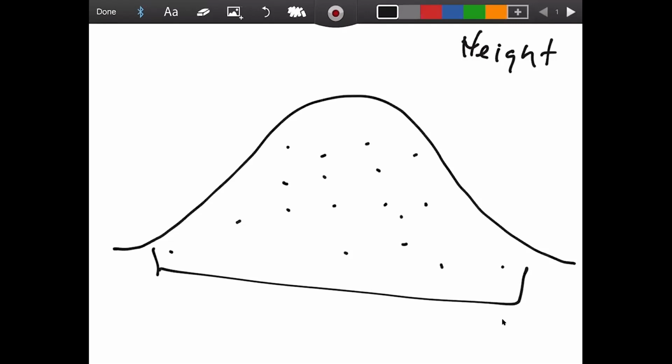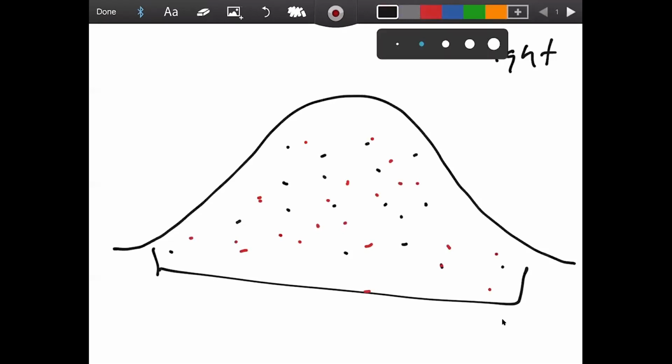If we were to then put all those people back, we would then do, let's say, another sample. And you can see how there's going to be a lot of overlap, but it's not going to be the exact same. And so wherein the mean for the black dots might be here, the mean for the red dots is down here.